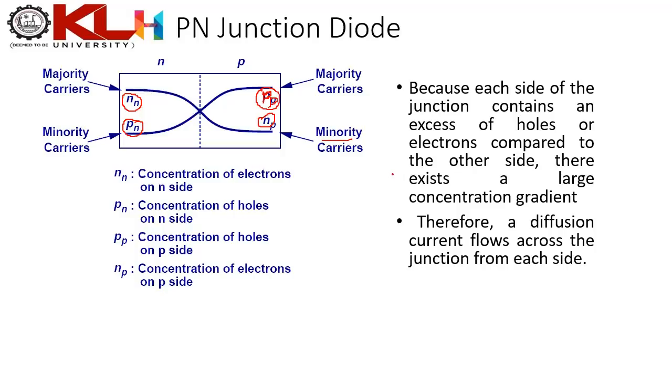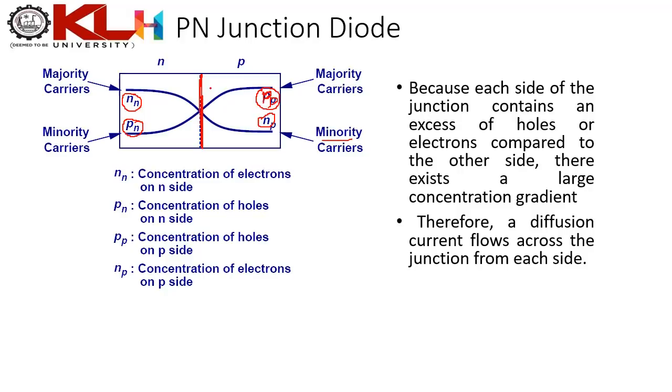Okay, now if I put p and n regions together, what happens at the junction? This is called the junction, the interface between p and n. The electrons from the n-type region see a concentration gradient of holes, and vice versa.